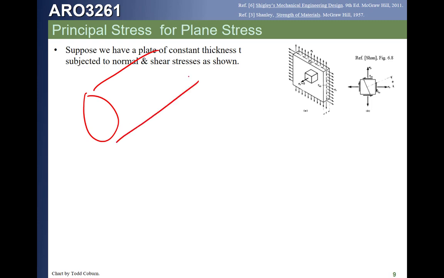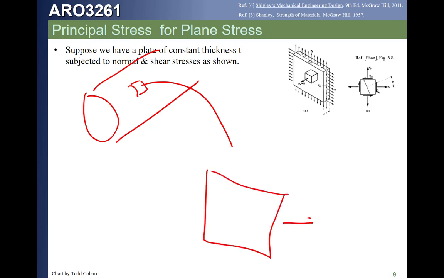Now let's imagine that we have a plate like this one, and we have loads on the faces. This is called plane stress because actually one face is unloaded. Let's say we have a skin where we have a continuous piece, and so imagine we have our fuselage and we take one little element out of that and focus on it and draw it like this.